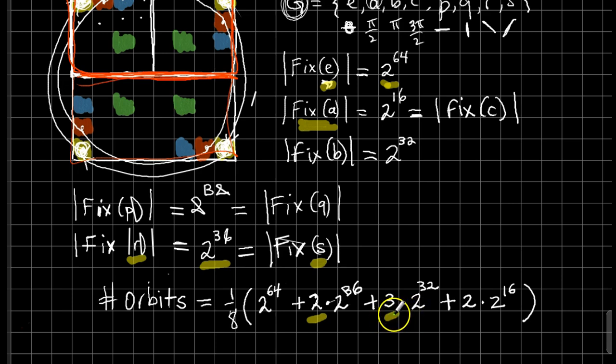We have 3 group actions with 2 to the 32 different coloring patterns, namely the 180 degree rotation and the reflections across the horizontal and the vertical, and then we have 2 to the 16 different colorings as well, and that solves the problem. So we are done.